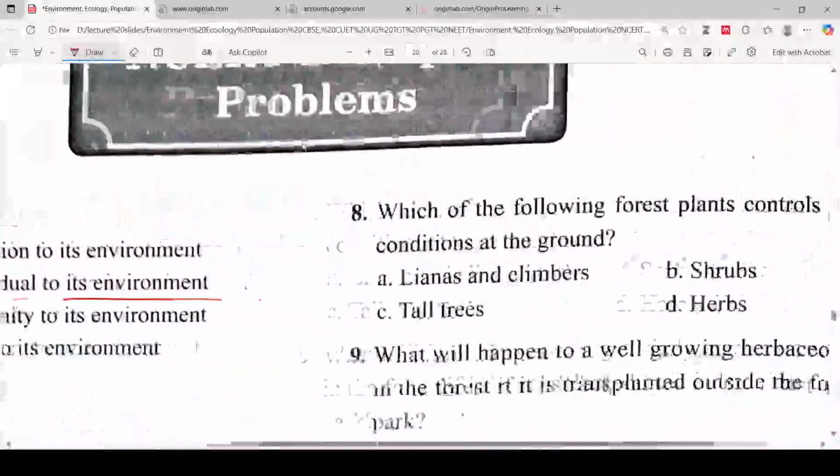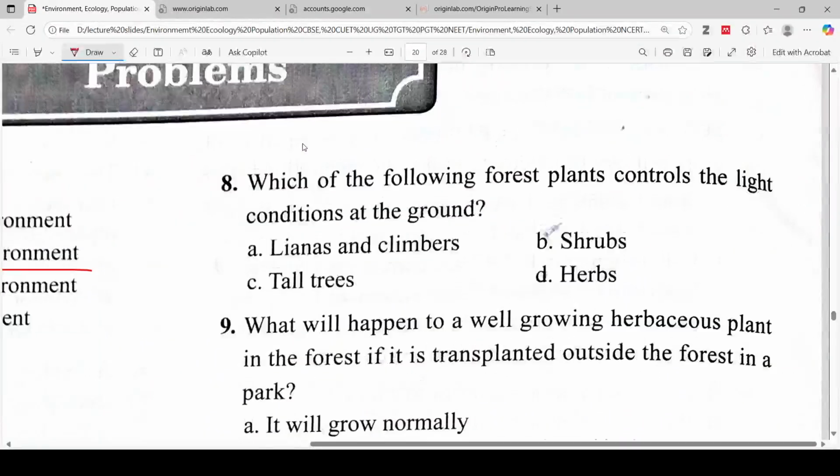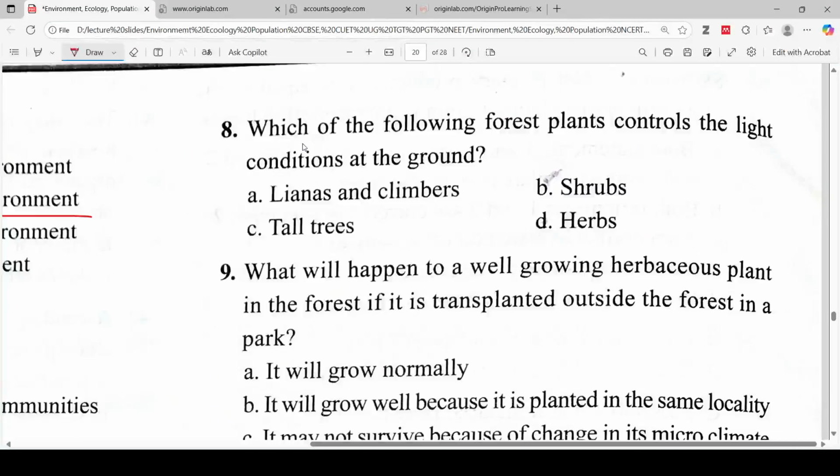Next question. Which of the following forest plants controls the light condition at ground? So the correct answer is option C, tall trees.